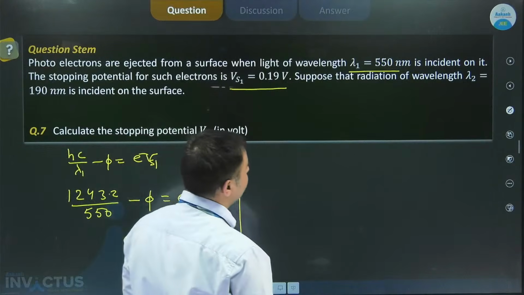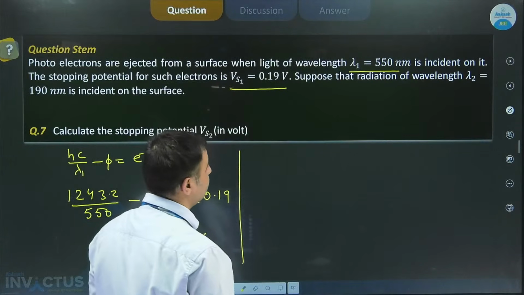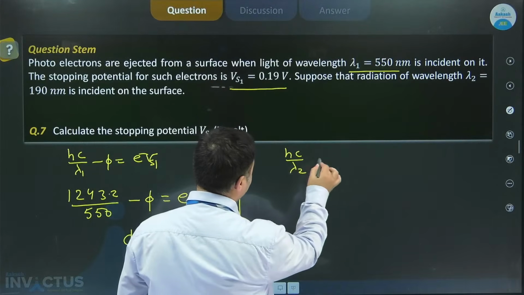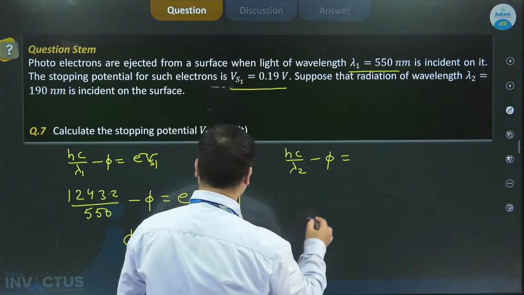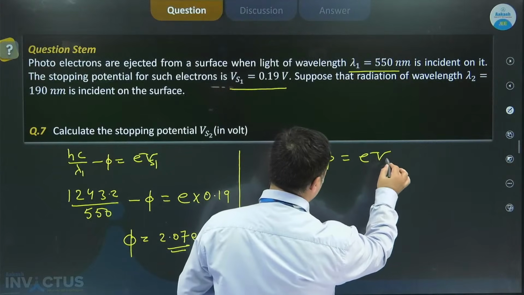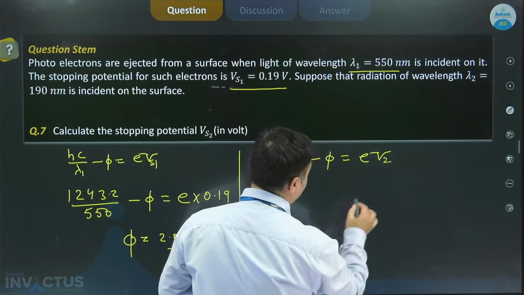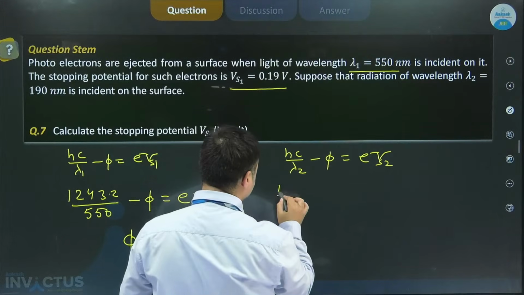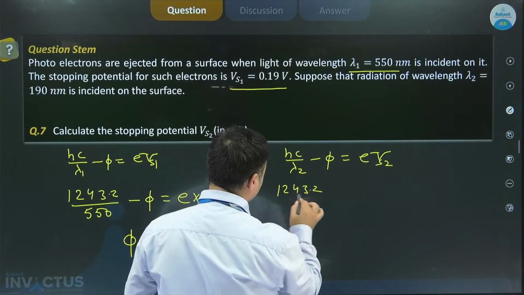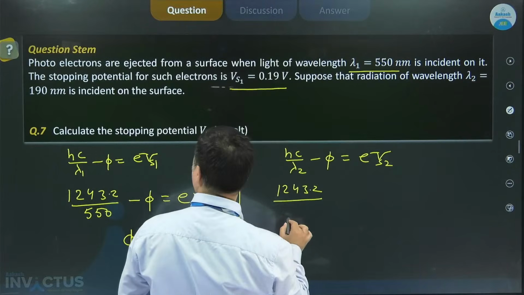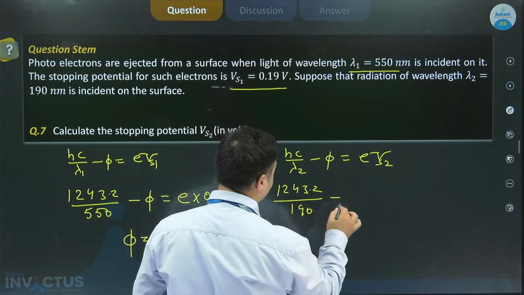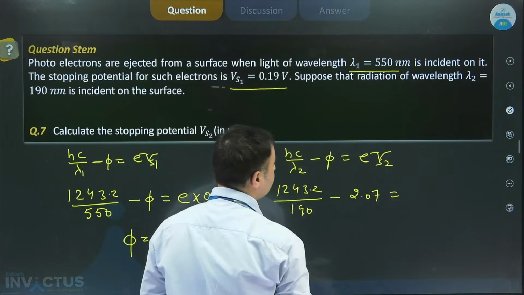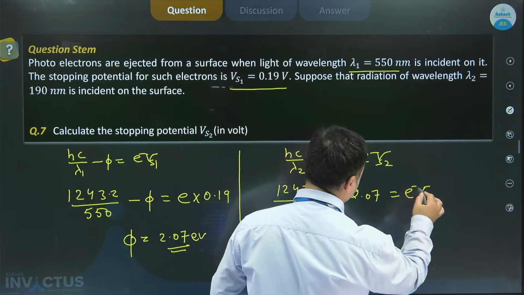Second case is when the radiation of wavelength lambda 2 equal to this is incident. So hc by lambda 2 minus phi is equal to eVs2. Now again putting the value of hc, lambda 2 is 190 minus phi, we already calculated it, 2.07, is equal to eVs2.